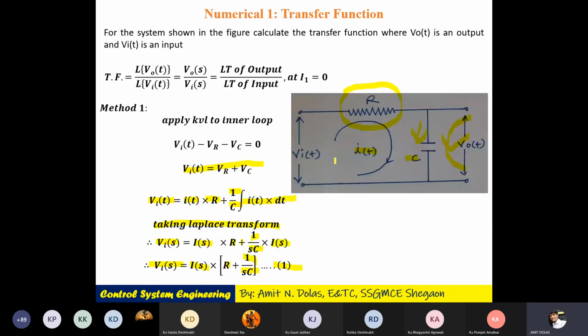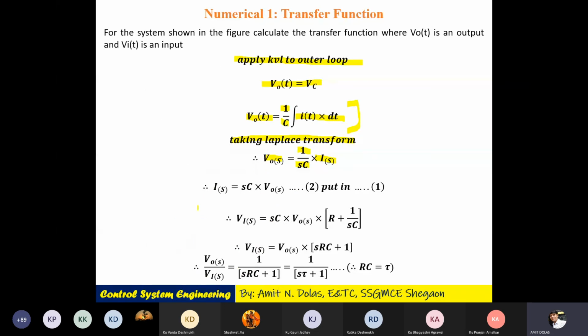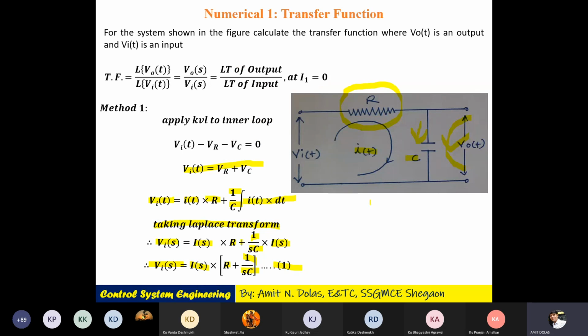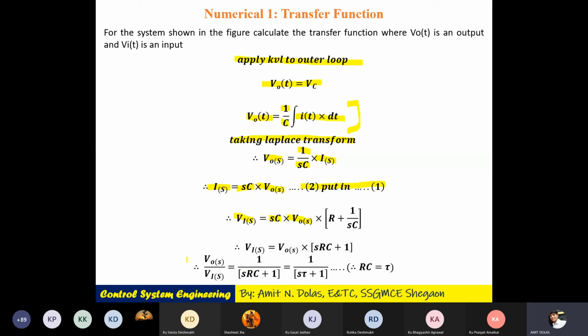Now I have both terms, I have Vi of S and V of S. So here, putting the value, I of S is equal to SC into V of S. We'll put this into the previous equation, where we have put the value of I of S from the second equation.